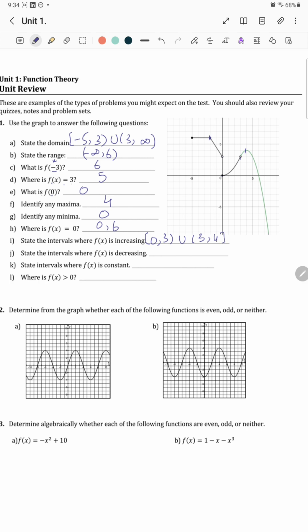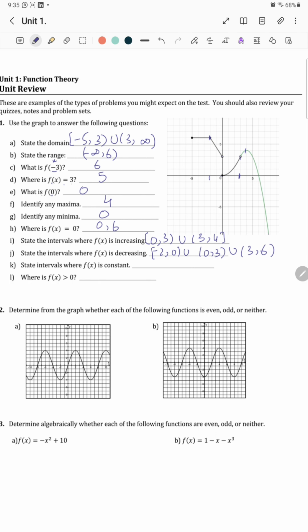Decreasing from here to here, -1, -2 to 0, union 0 to 3, union 3 to 6.